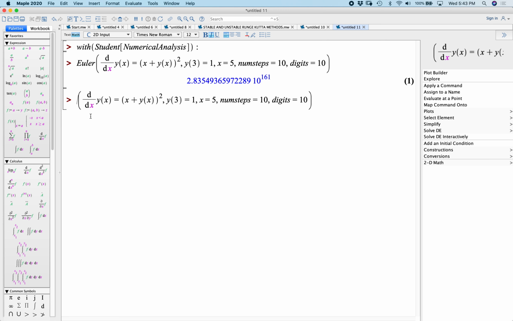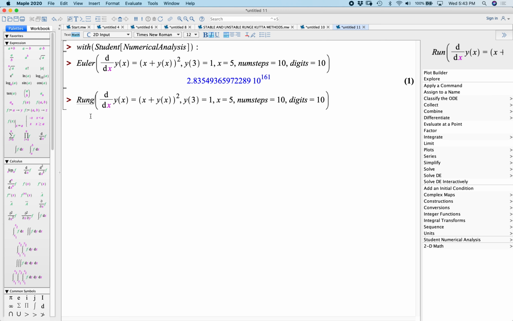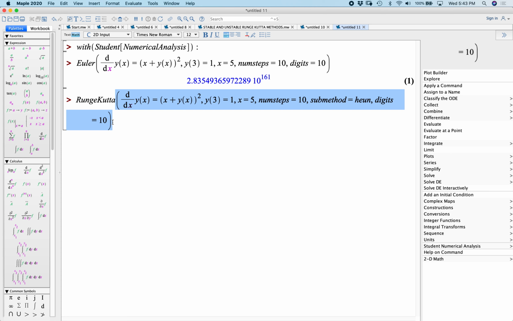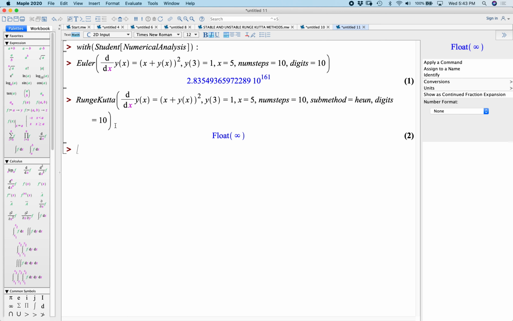Applying the improved Euler, with the opening statement Runge-Kutta, we have the same equation, (x plus y) squared, y(3) equal to 1, x equals 5, the submethod equals Heun, digits equal to 10. If you notice, we got infinity.